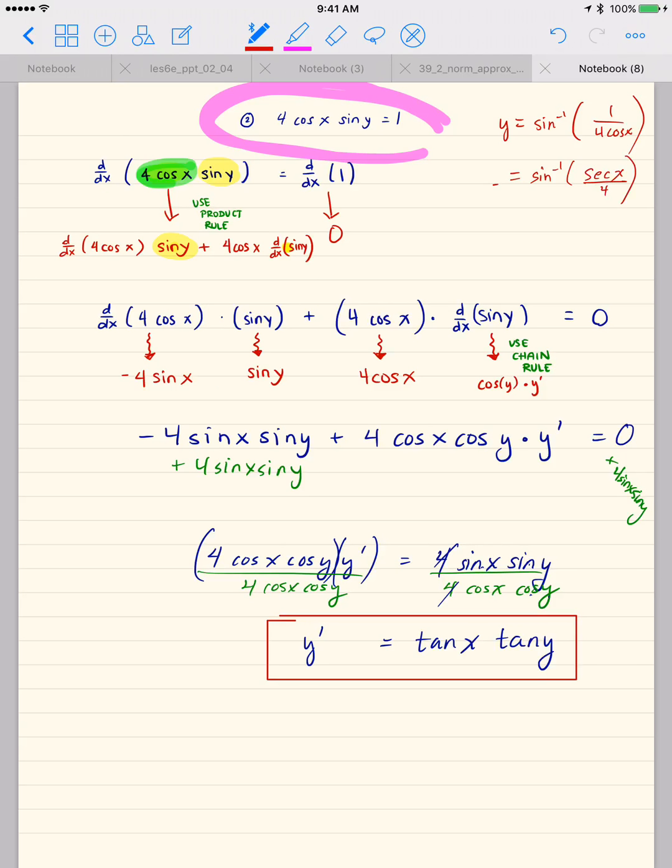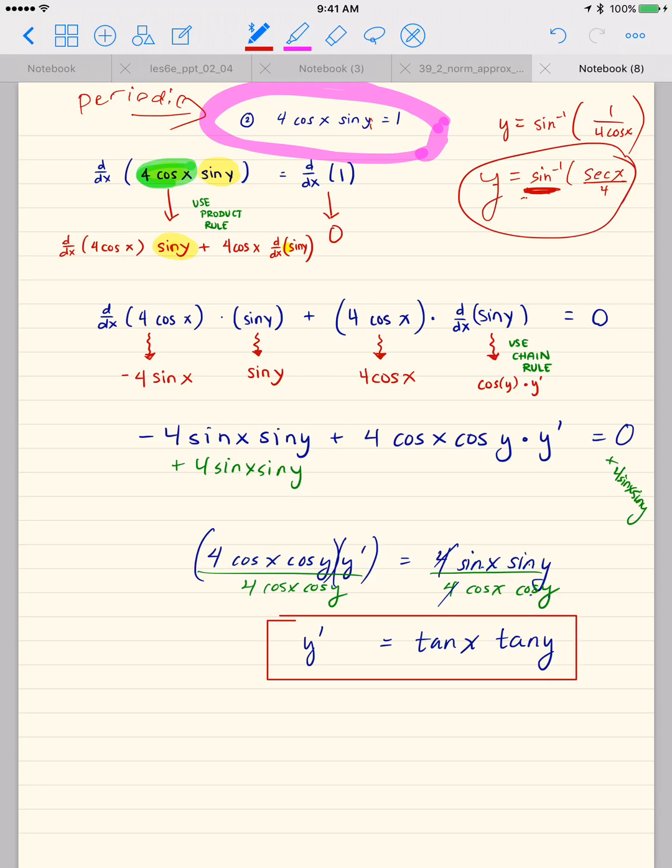But when you do that, you're actually losing part of the information. This curve right here is periodic, whereas if you write y like this, you're only looking at part of the original curve. So this has a restricted domain because you're taking the sine inverse.